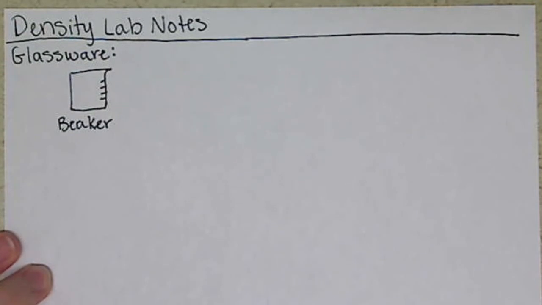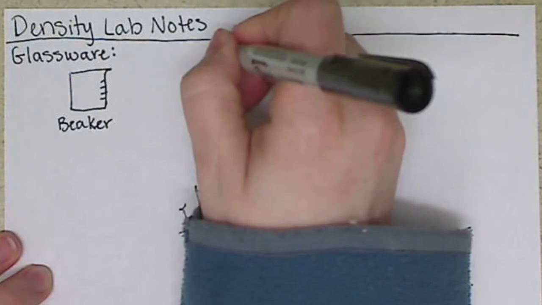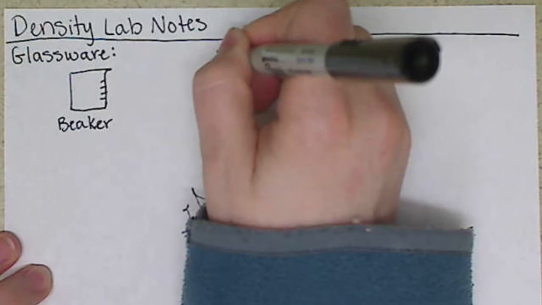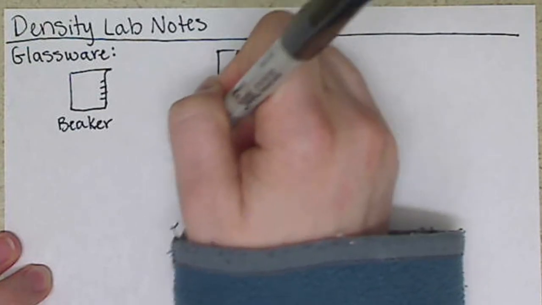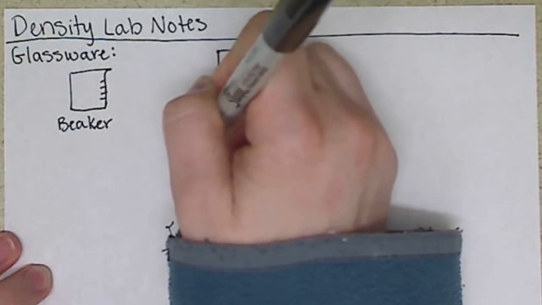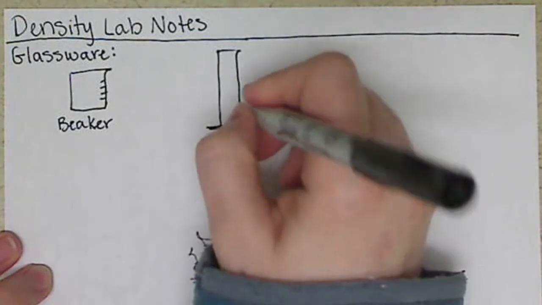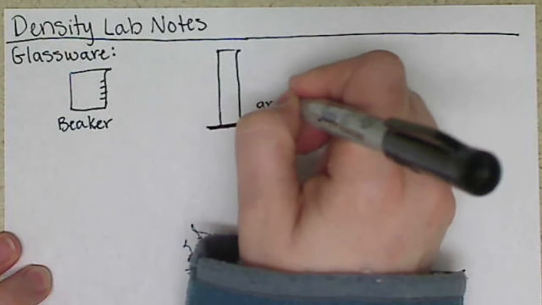When we do need to pay attention to those markings telling us a volume, that's usually using a graduated cylinder, which is a long, skinny piece of glassware that usually has some sort of plastic or glass base. So this is a graduated cylinder.